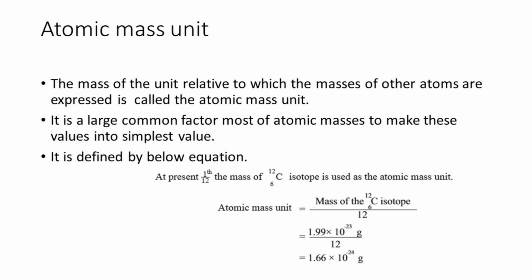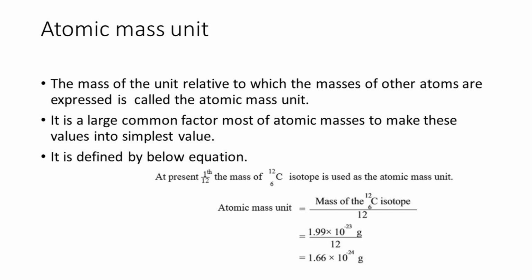The definition of atomic mass unit is as below. The mass of the unit relative to which the masses of other atoms are expressed is called the atomic mass unit. I explained in the previous case why we are taking this atomic mass unit.